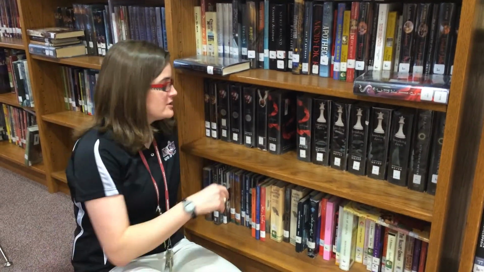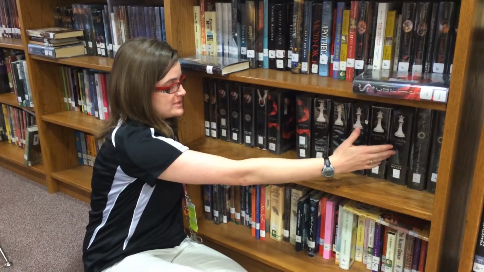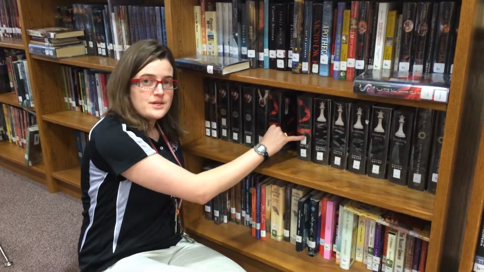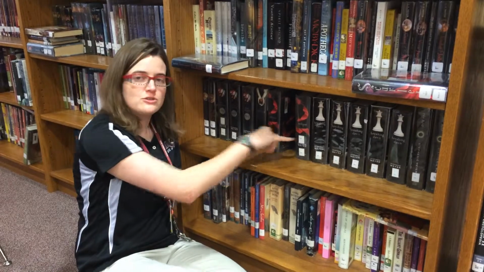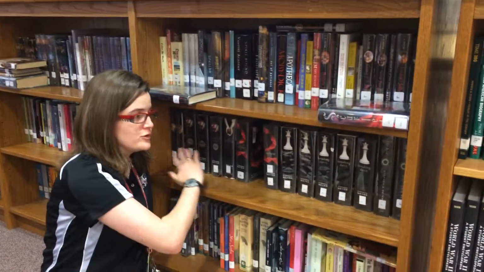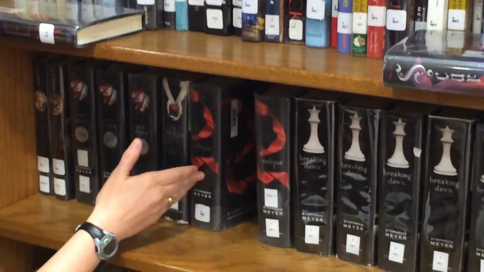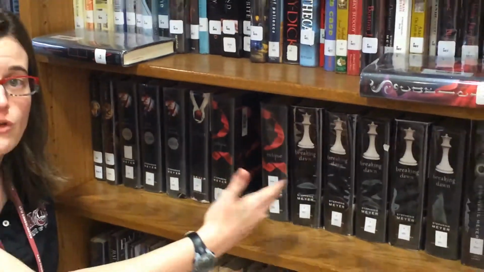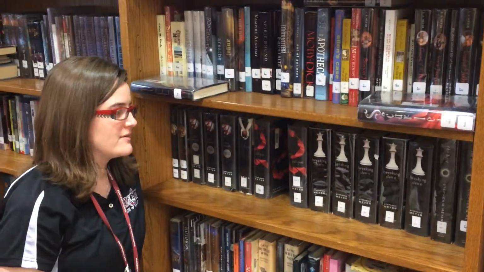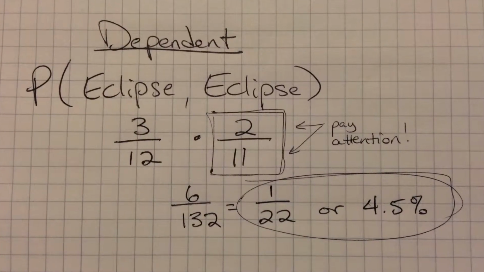Dependent events decrease, so we have 11 total choices, but it's not 3 anymore, it's 2, because you already picked that book. So you have 2 over 11. So you have 3 over 12 as the probability of getting Eclipse on the first shot, and then times 2 over 11 for the probability of getting it on the second shot.